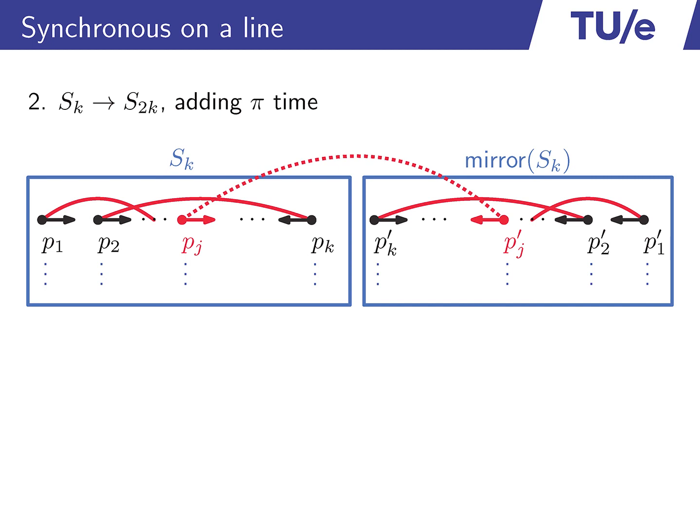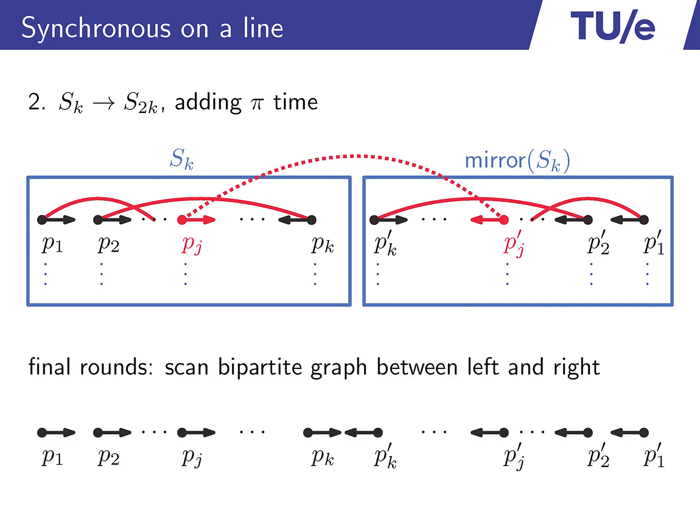At this point, if k is even, all that remains is to scan all pairs with one agent in the left half and the other agent in the right half. To do this, rotate all agents in the left half to the right and all agents in the right half to the left. The remaining pairs form a regular bipartite graph, which we can scan synchronously in the final rounds.